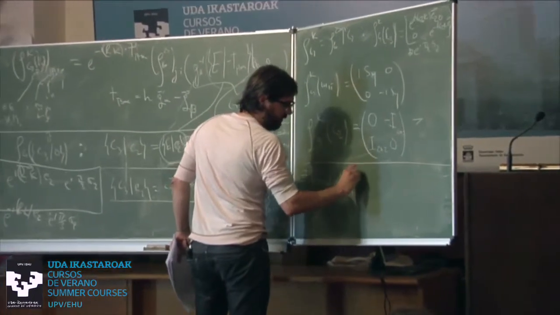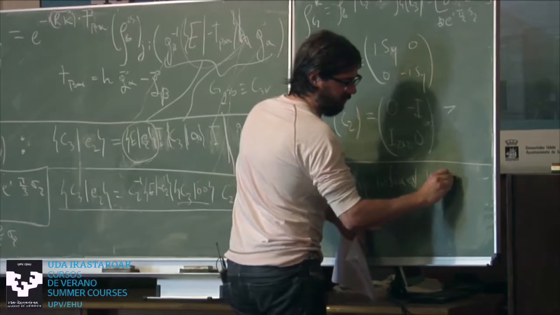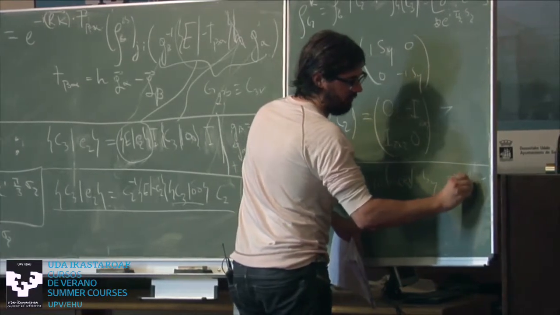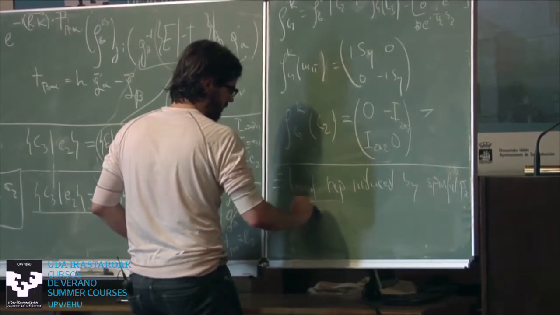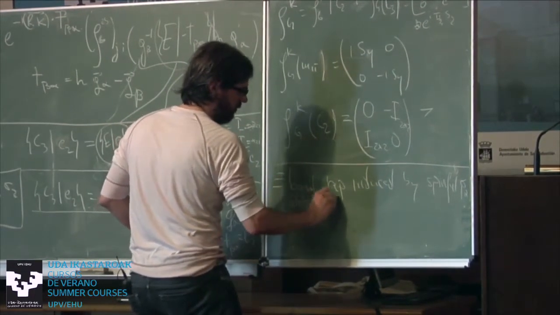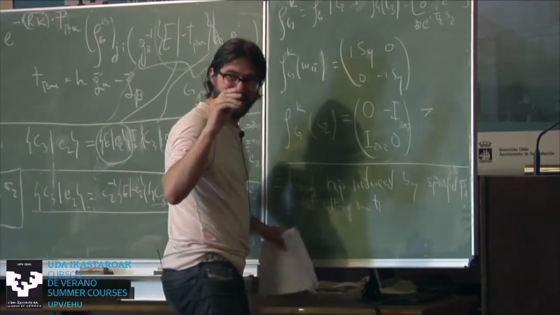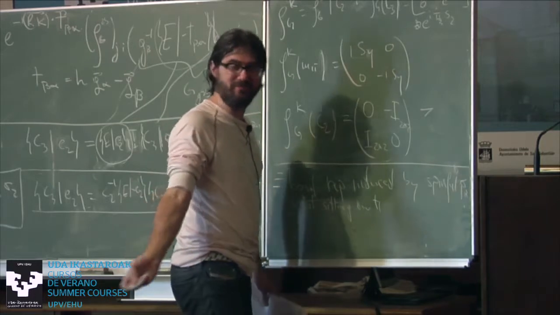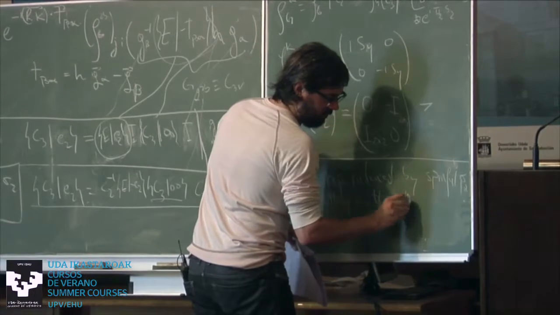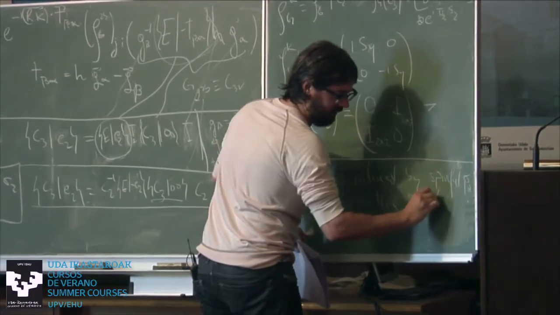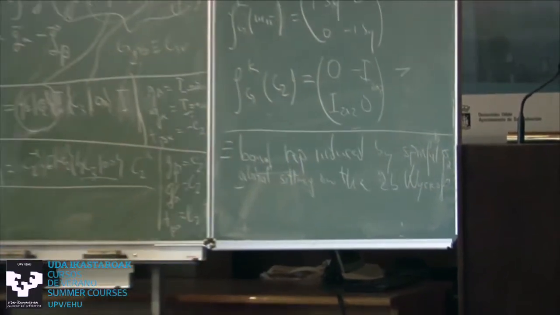It is the band representation induced by spinful p_z orbitals sitting on the A and B sublattices. A and B sublattices are just the Wyckoff position 2b in graphene. Okay? So that's what these guys are.